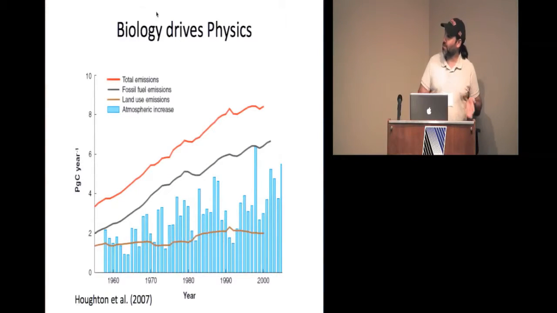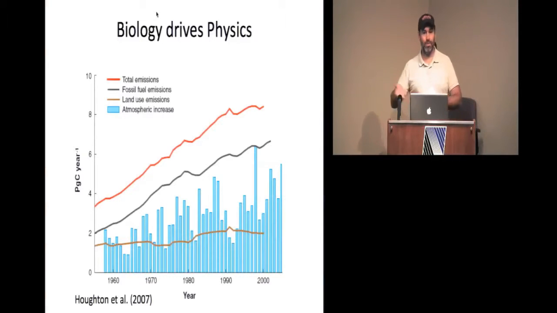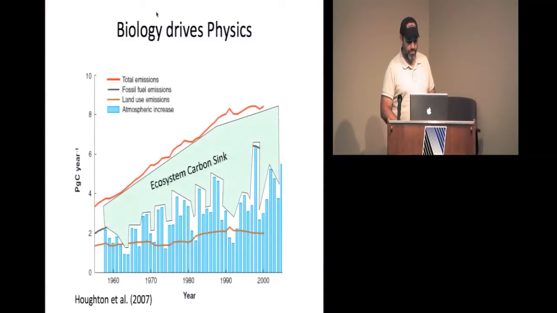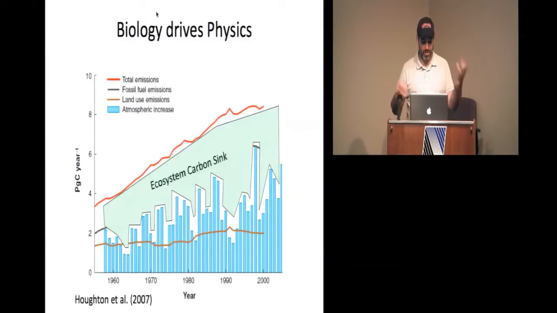And you can see that all of these emissions factors are nice, smooth curves, but the actual amount of CO2 in the atmosphere, that increase on an annual basis, is very variable, and it's considerably less than the emissions. And that difference is the ecosystem carbon sink. So half the CO2 emitted is taken up by either terrestrial or ocean ecosystems.